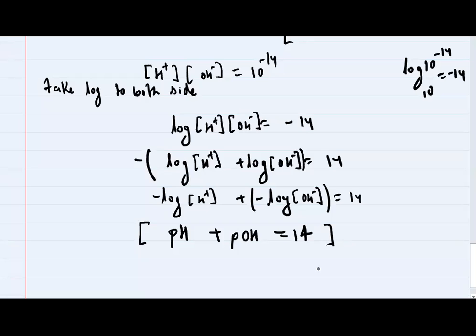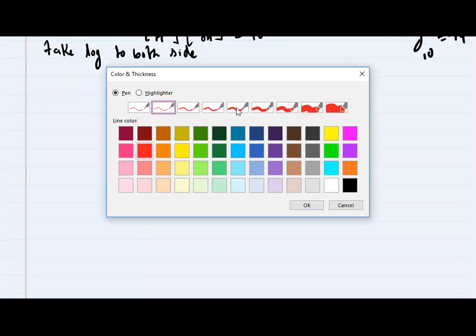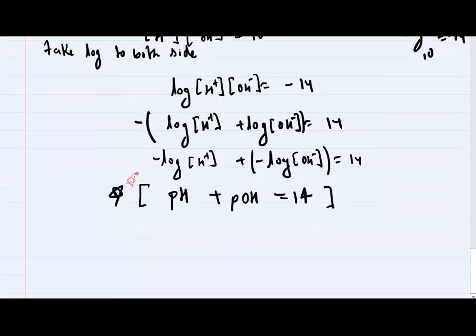Now, I have two expressions which I should remember. First expression is this. Let me choose red color. Okay, first is this expression. What about the second one?